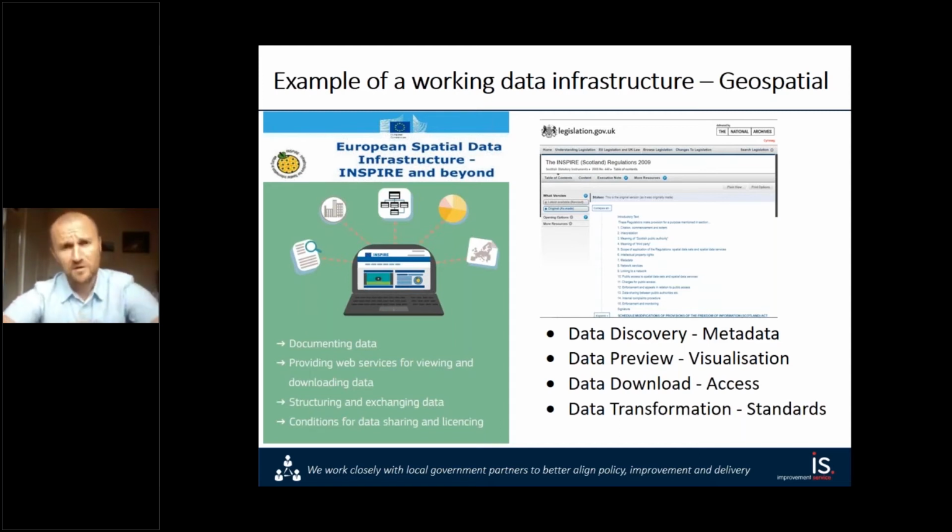There's also an element of Inspire, which is around data transformation and standards and specifications. However, we believe that this is overly complex and actually causes people more harm than good a lot of the time if they try and adhere to these transformation standards. But Inspire also provides guidance on how to share data better using licensing.